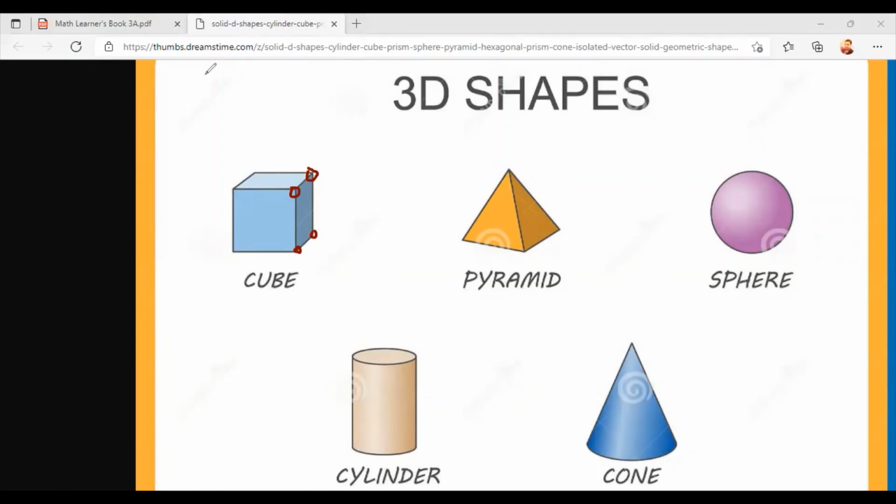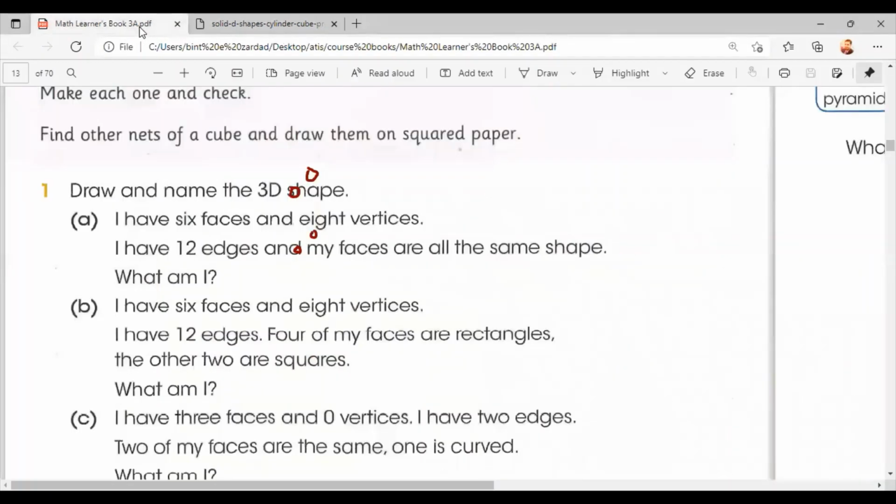After this, sides. How many sides are here? Just make a cube and I will show you. It's easy for drawing. And draw a cube.